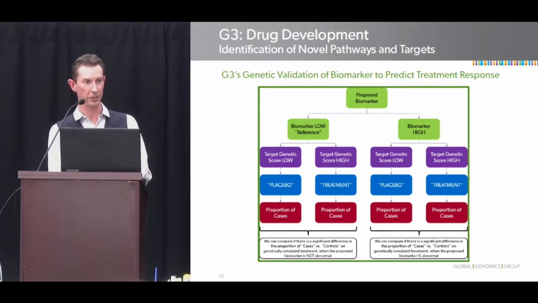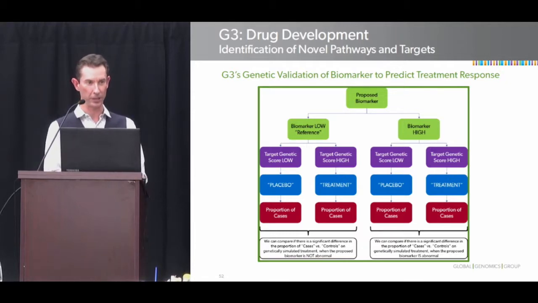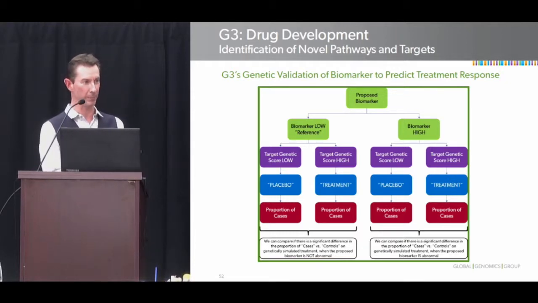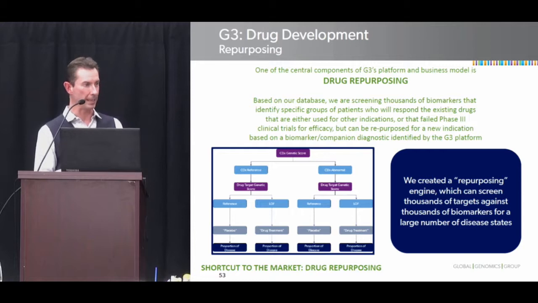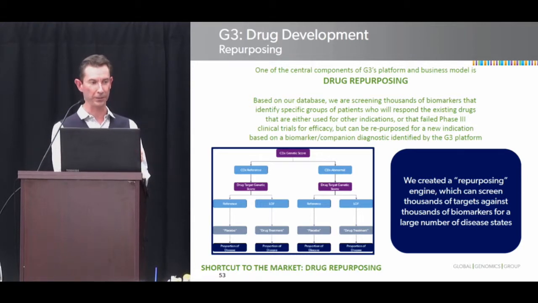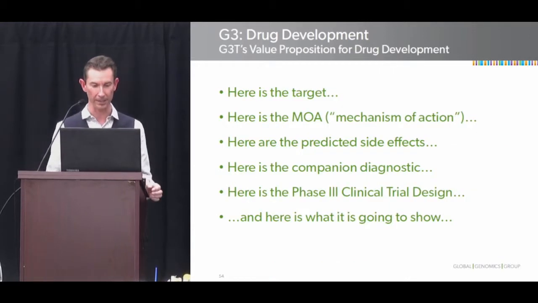We can show, again using the genetic data, efficacy of that drug in a patient population with the abnormal level of that biomarker. That's the ultimate precision medicine implementation of these approaches. And we can then use that to repurpose existing drugs. We just recently created a repurposing engine which utilizes this exact methodology.